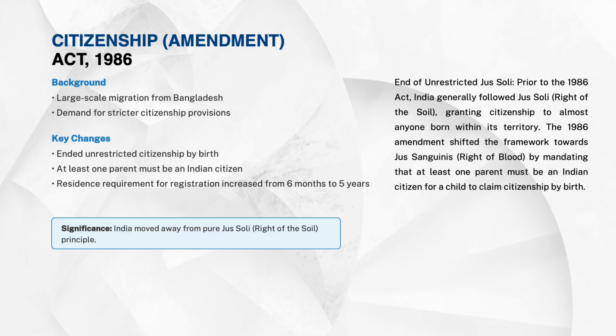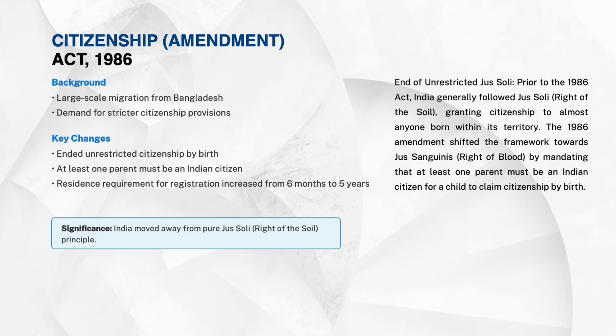Now we have the Citizenship Amendment Act 1986. Now we are done with Citizenship Act 1955. Whatever is mentioned in 1986, we have already discussed in 1955. Like I said, every amendment after 1955 added to the 1955 Act.